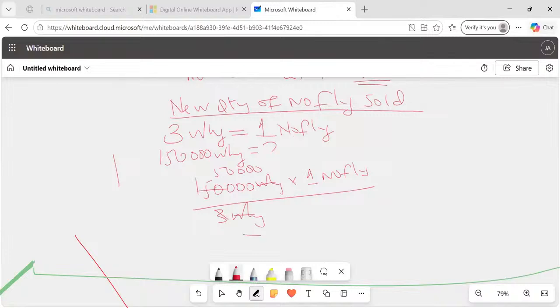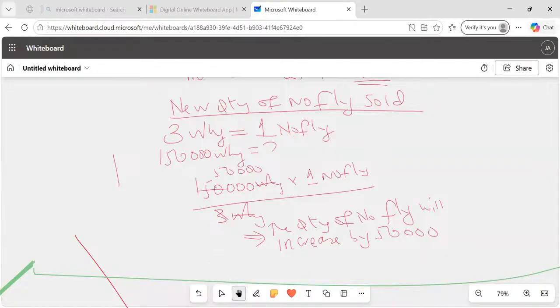No-fly. So in this case here, the quantity of no-fly will increase by 50,000.